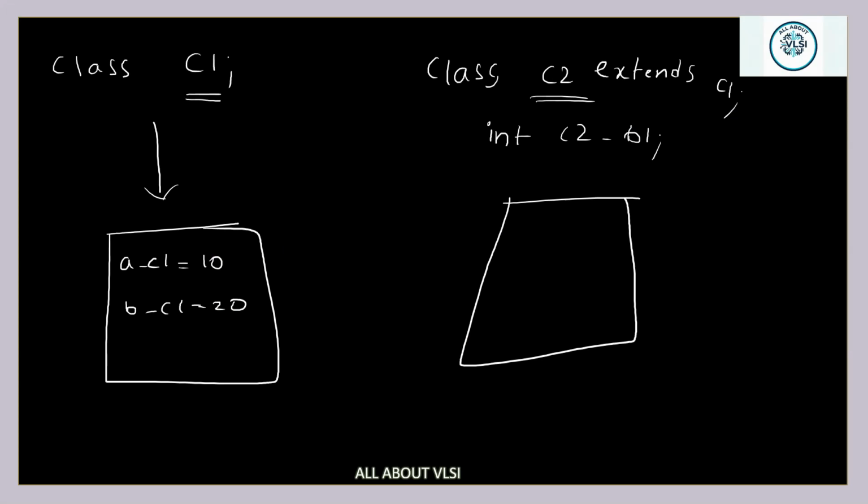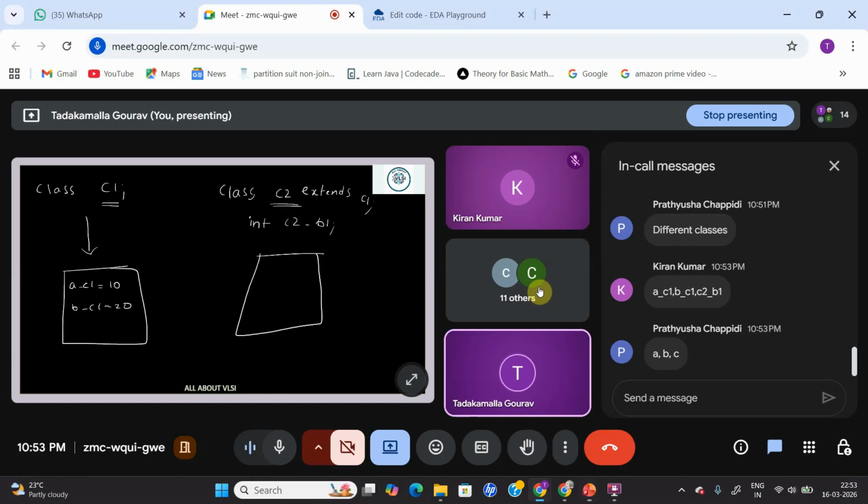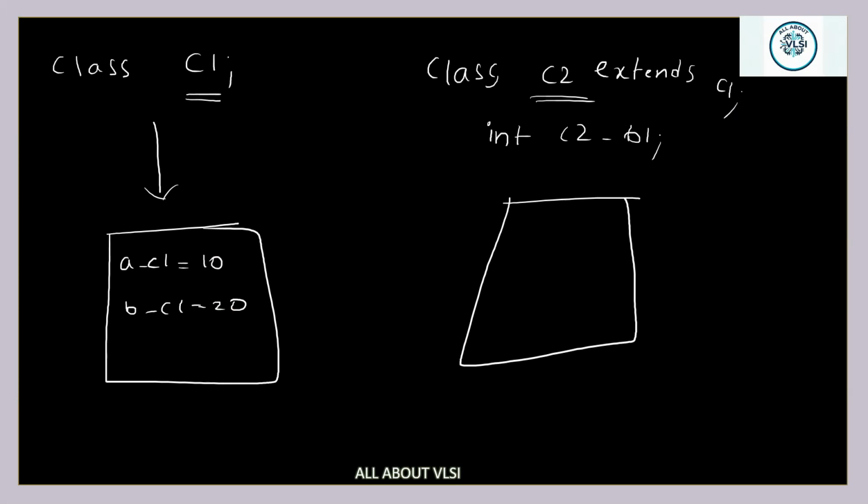What are the properties which will be present inside my object? Exactly. So I will have the parent class properties A_C1 and B_C1, as well as an extra property, which is nothing but my child class property, C2_B1.